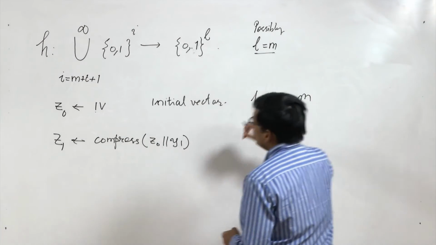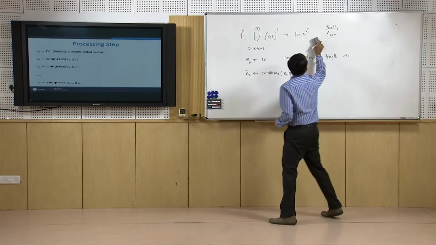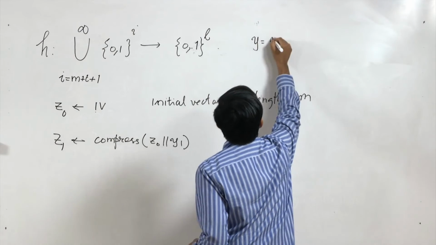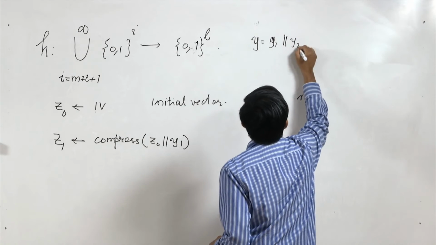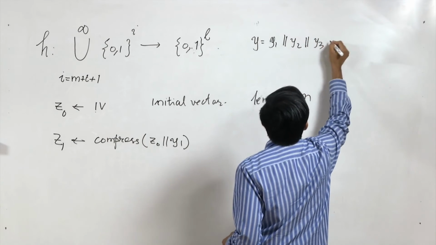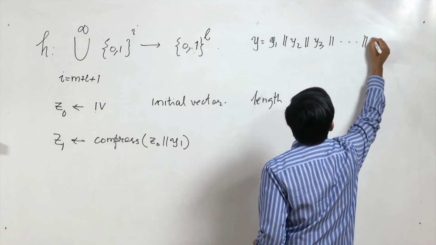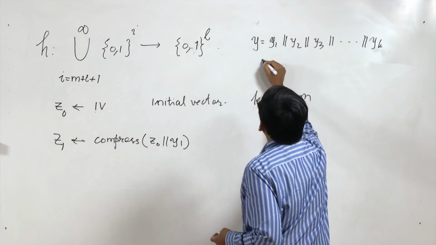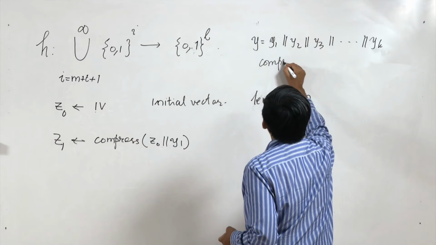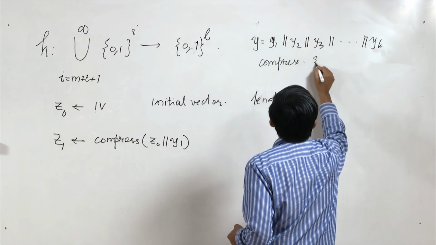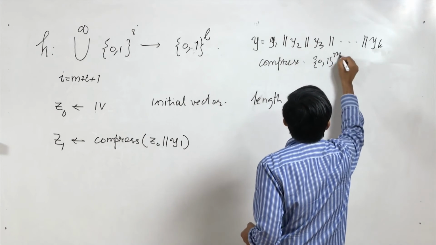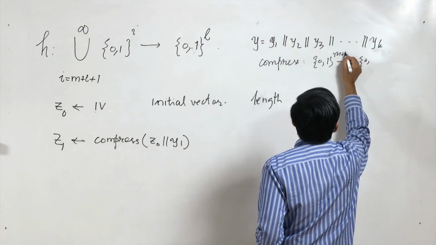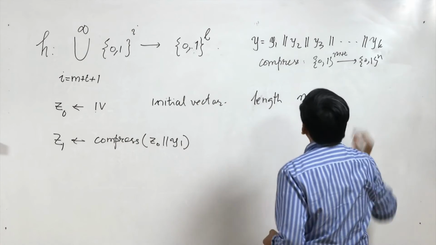Let me draw y1 over here, the y over here. So, y is y1 concat y2, y3 and so on up to let us say yk, and as we have seen compress is a function from {0,1}^(m+t) to {0,1}^m.